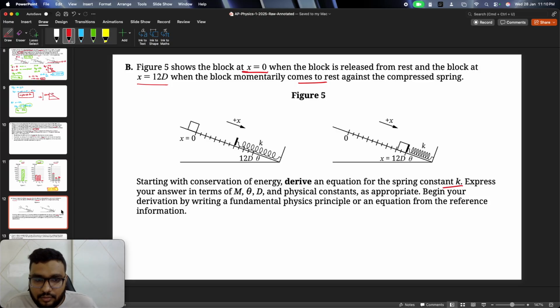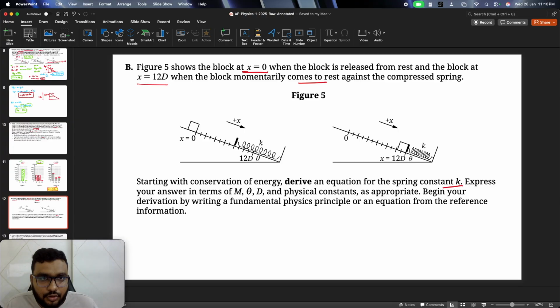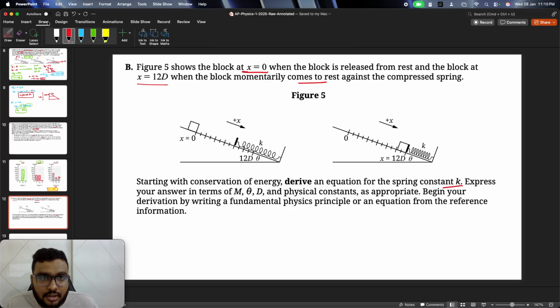And we can start by always writing whatever is the principle we know. Now let's write it down. I know that here the kinetic energy is 0, right? The potential energy we already know, it is 12 V naught, and the spring energy is also 0.